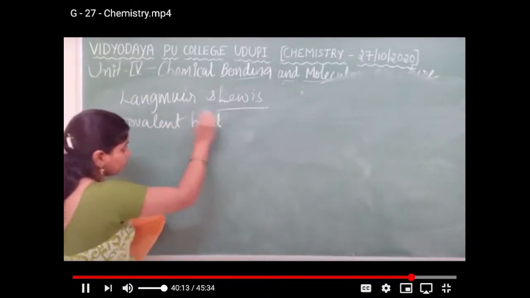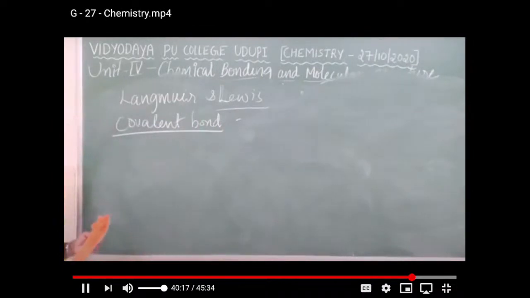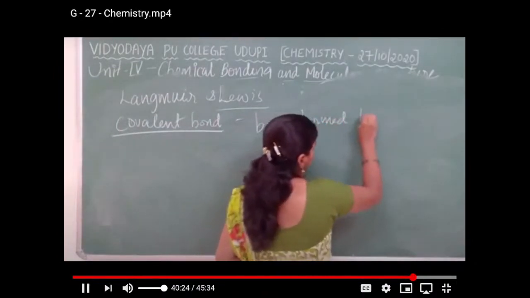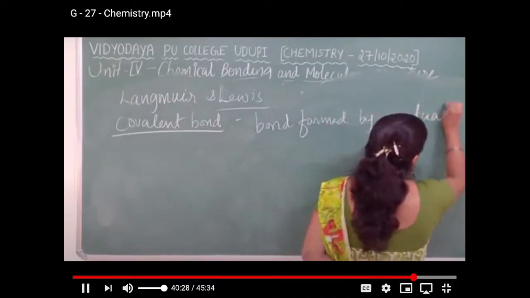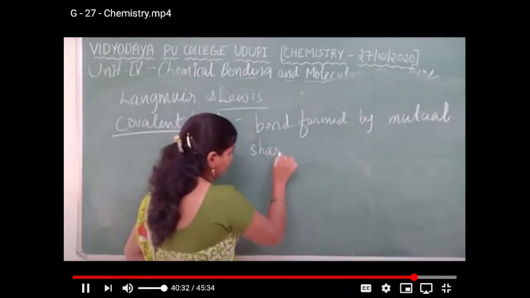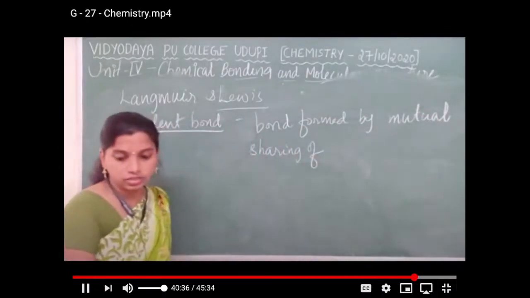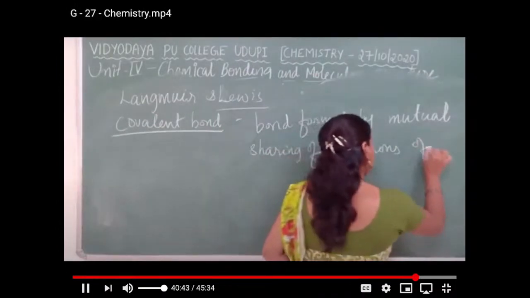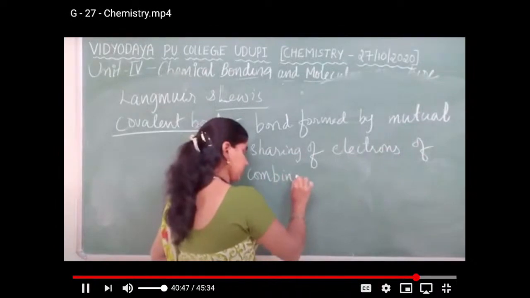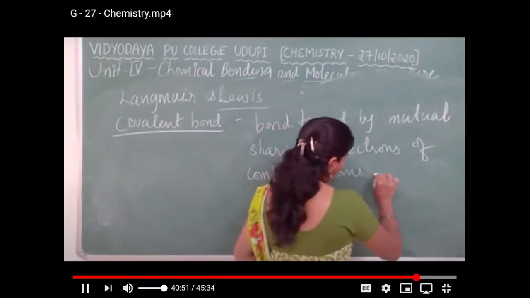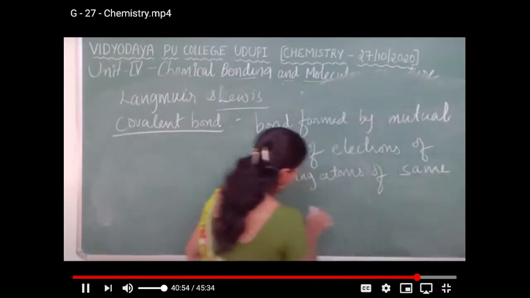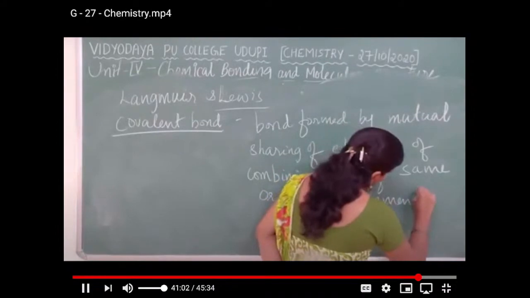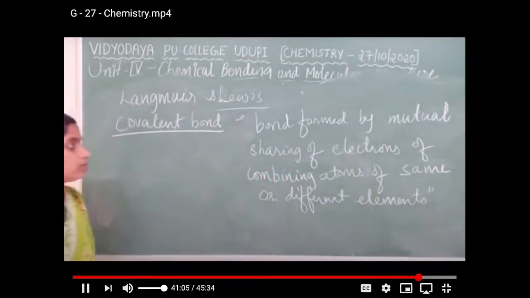A covalent bond is the bond formed by mutual sharing of valence electrons of the combining atoms of the same or different elements.